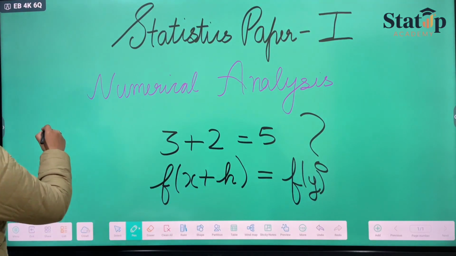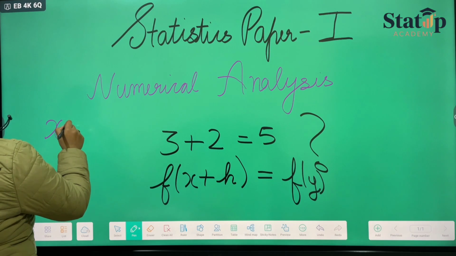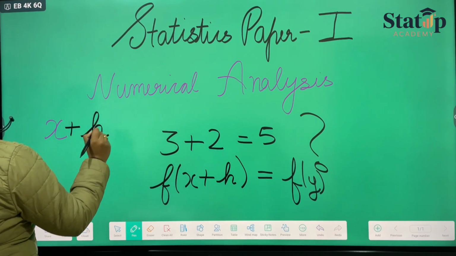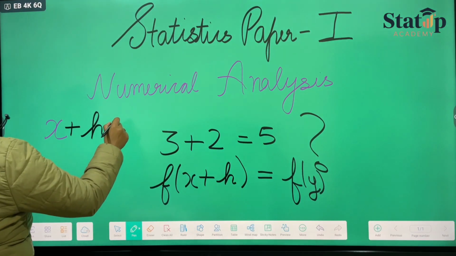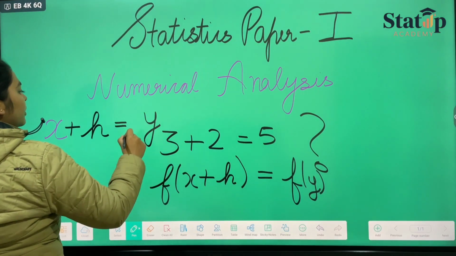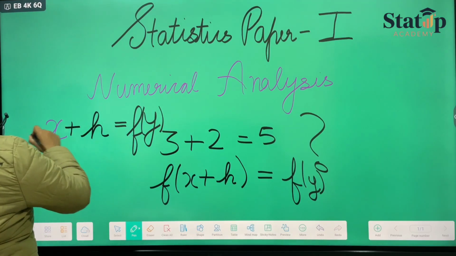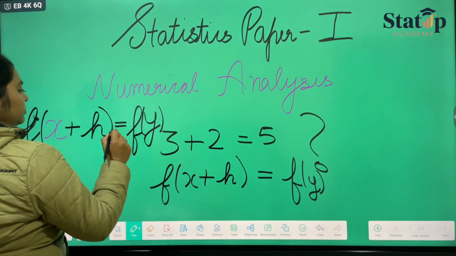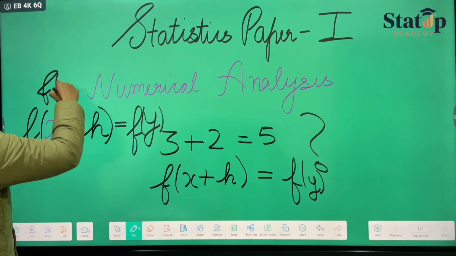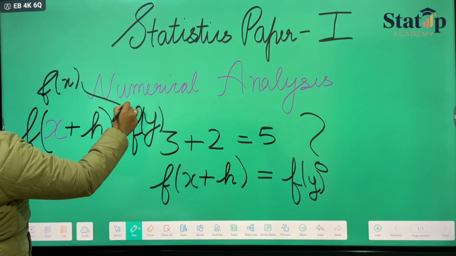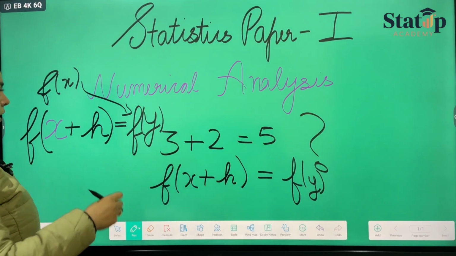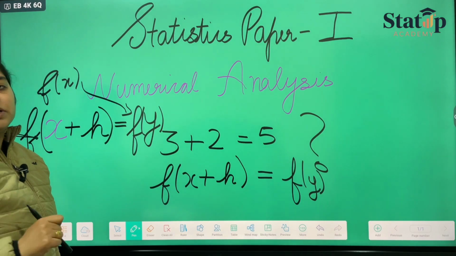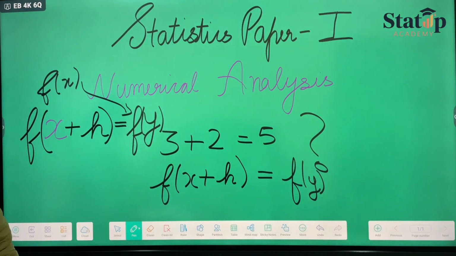So if x is an independent variable and I make a finite change h, a number that is finite, not infinite, then what will be the change in the value of the function? Here fx, the original function, has become fy due to a small finite change of h, and both x and y are variables. So this is our numerical analysis.